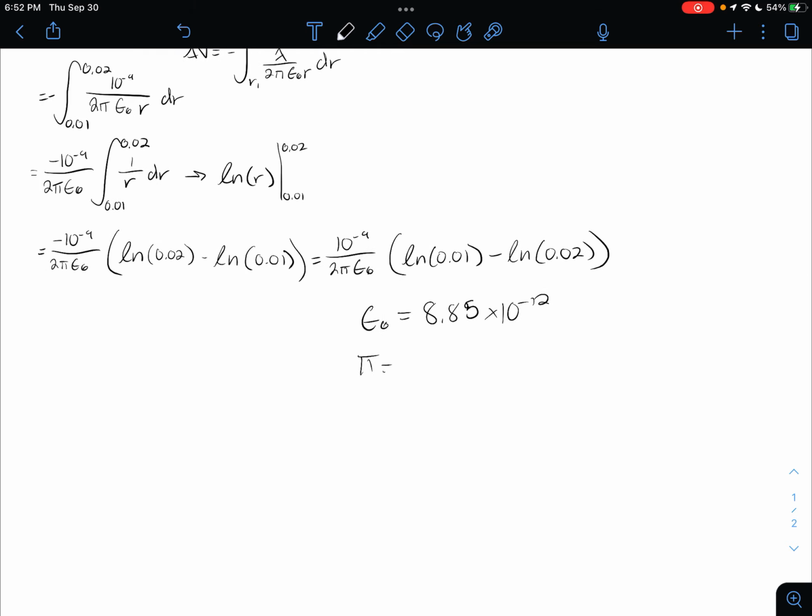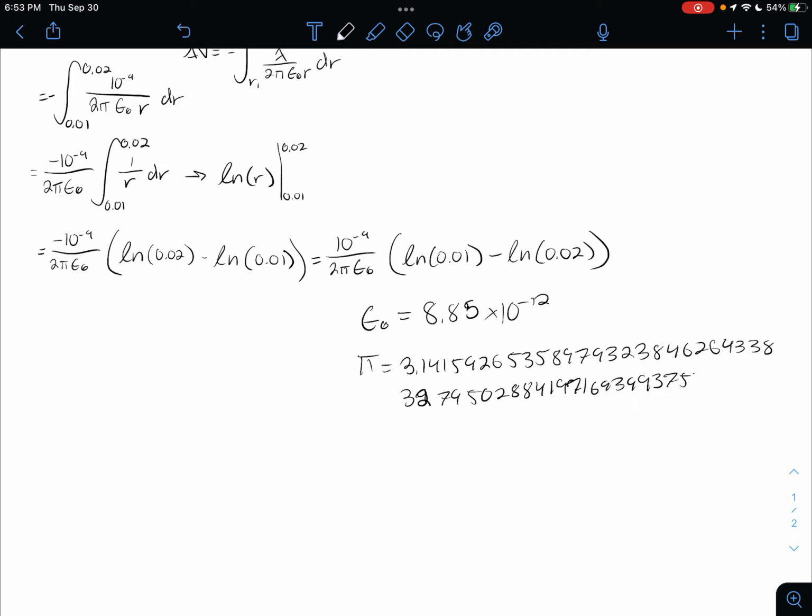And of course, pi, you can just use the pi button, or you can use 3.14159 and so on.